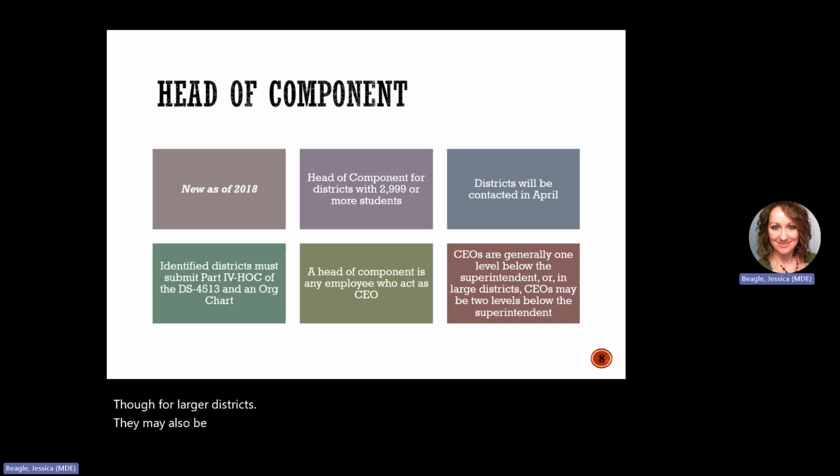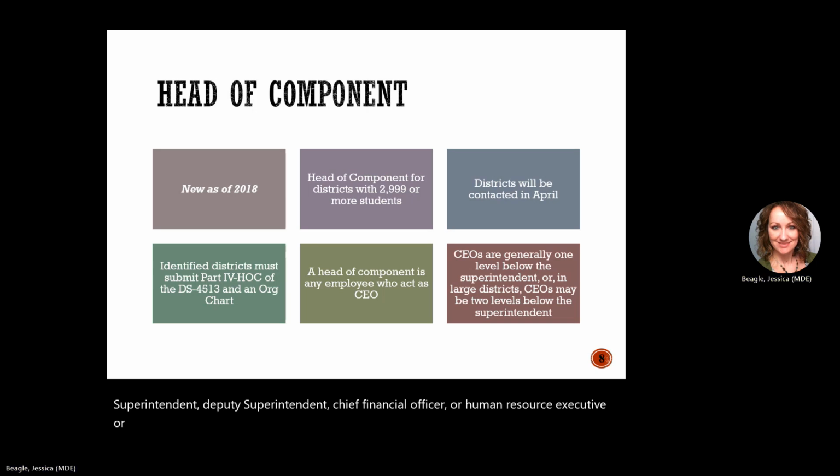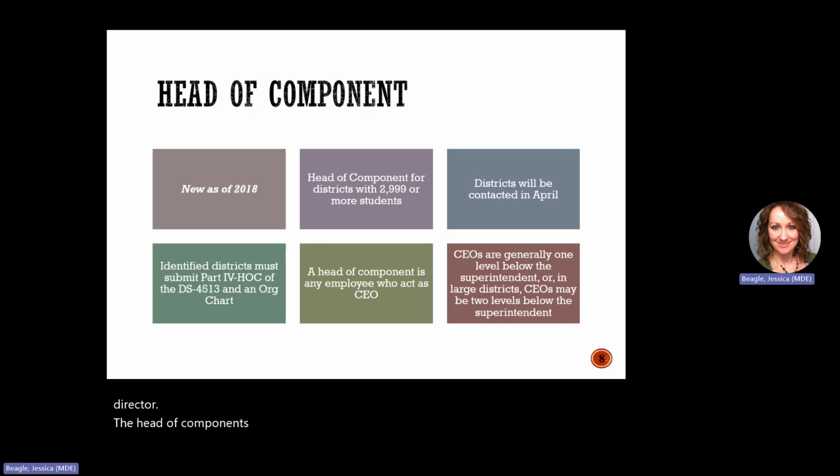They often hold titles like assistant superintendent, deputy superintendent, chief financial officer, or human resource executive or director. The head of components unit might also include immediate employees who serve as the executive or administrative assistants to these CEOs.